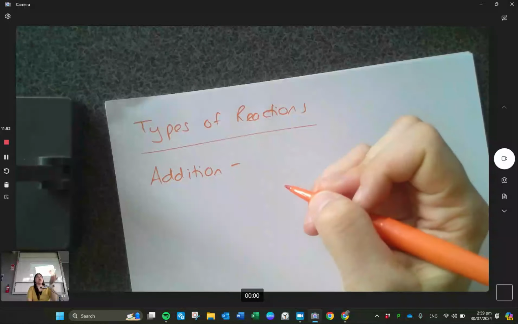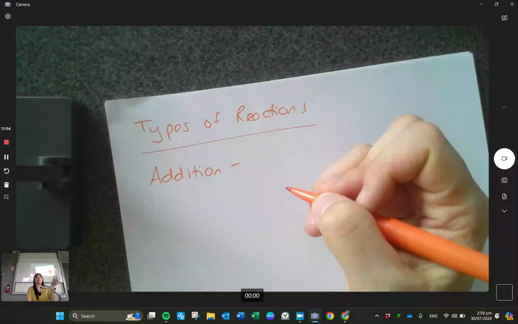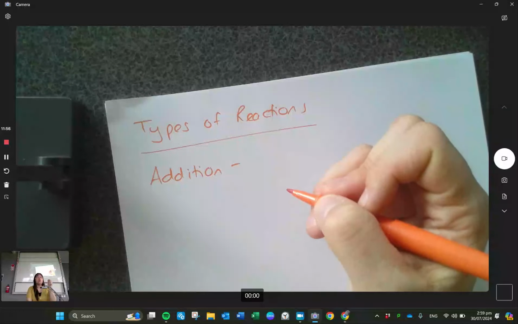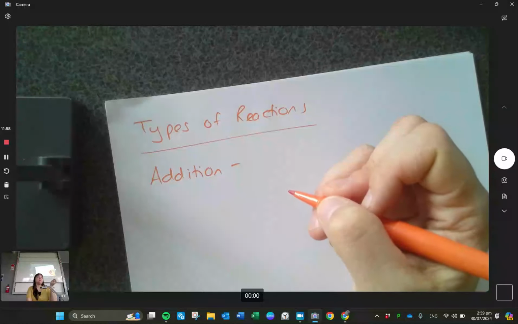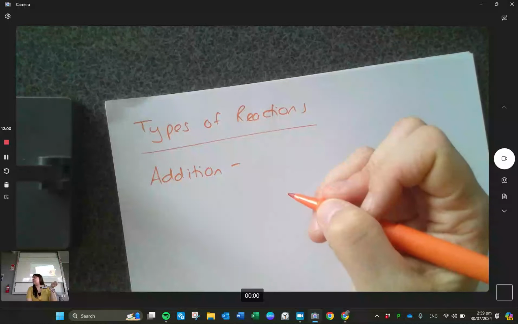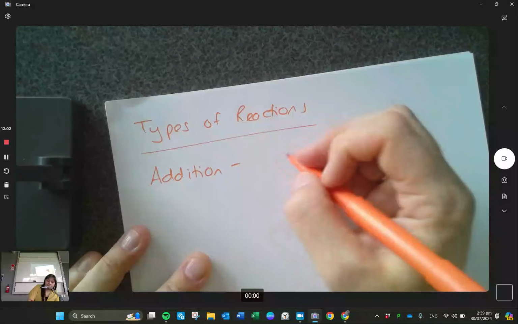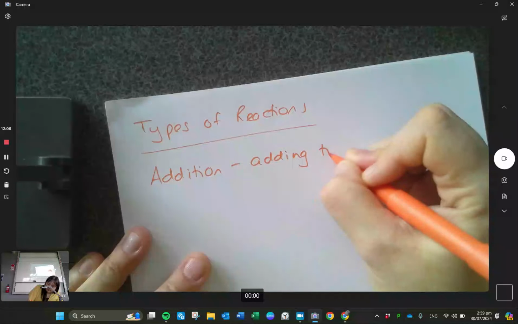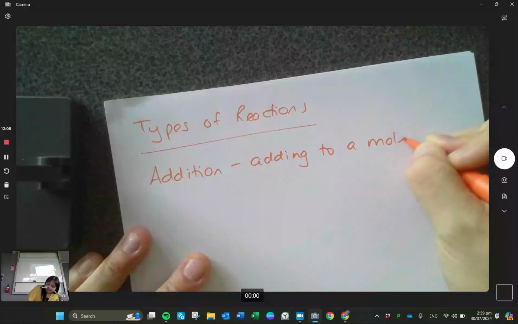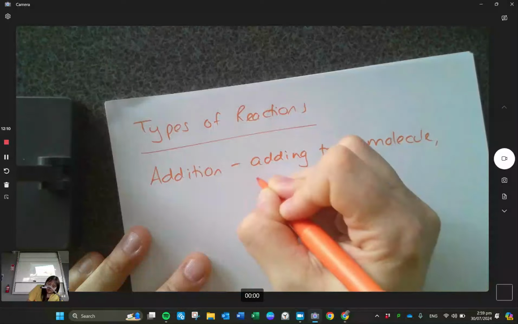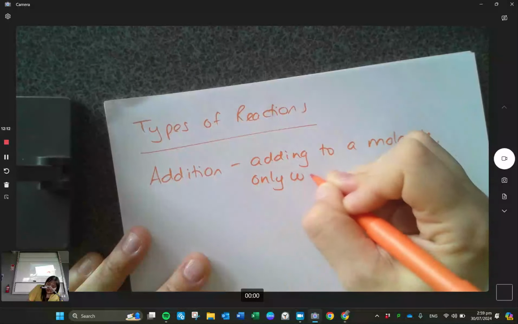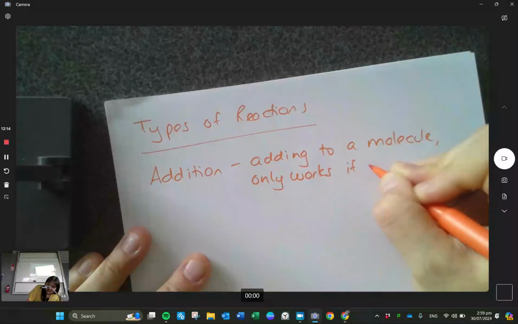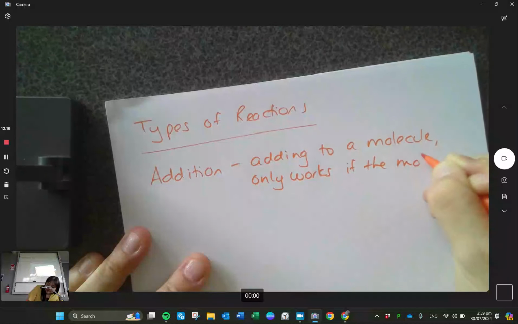The only way you can add to a molecule is if the molecule is unsaturated. So it has a double bond or a triple bond.